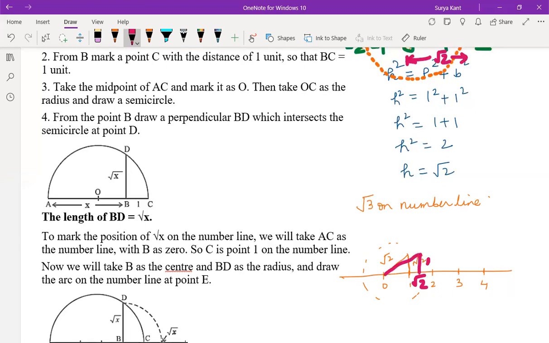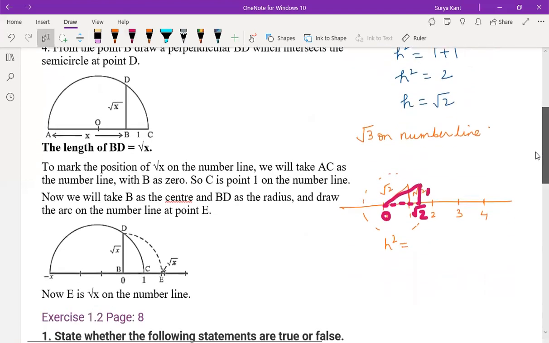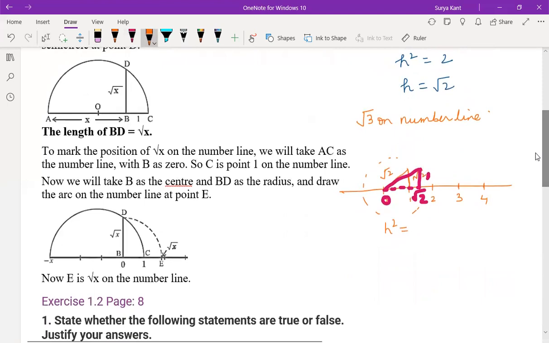Okay. So in this case, what will be the hypotenuse here? Children, tell me, what is the hypotenuse in this case? Root 3, sir. Root 3, because h square is nothing but P square plus B square.